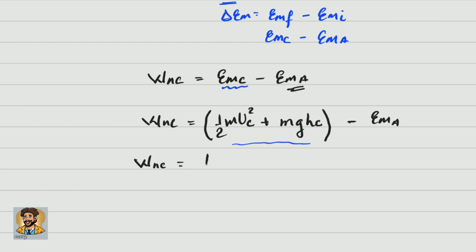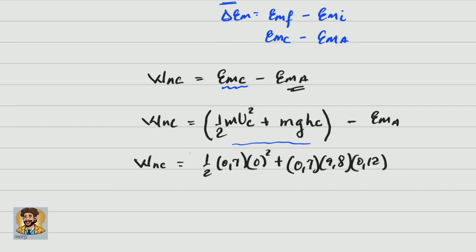So this one is half times 0.7 times zero, because the ball stops at C, plus here is 0.7 multiplied by 9.8 multiplied by 0.12.